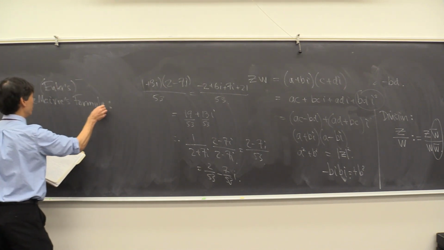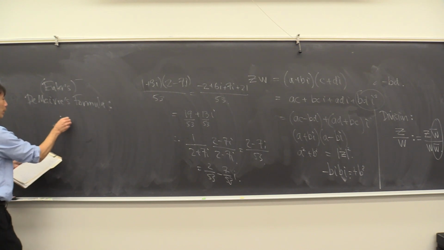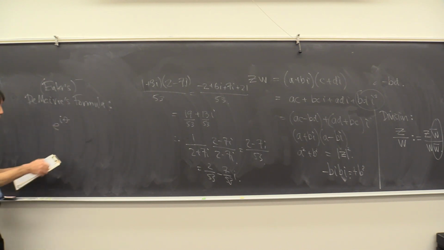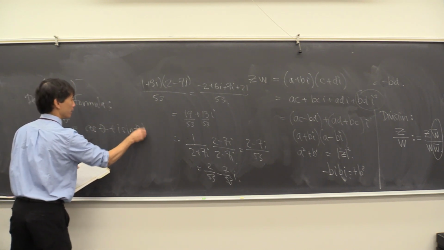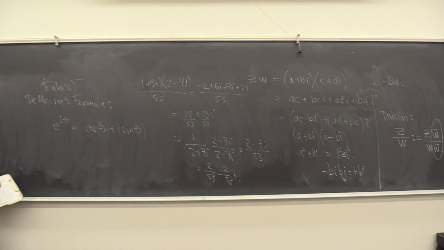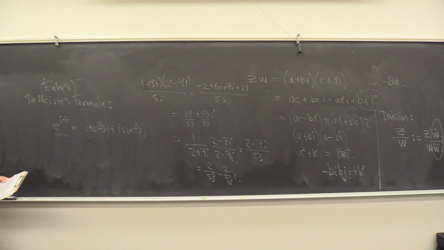I'm not sure who deserves the credit. It says that if you take e and raise it to a complex power, then the number that you get is cosine theta plus i sine theta. So there's this relation between e and the trigonometric functions. That e to the i theta turns out on the complex plane to be cosine theta plus i sine theta, which is just this point of angle theta.